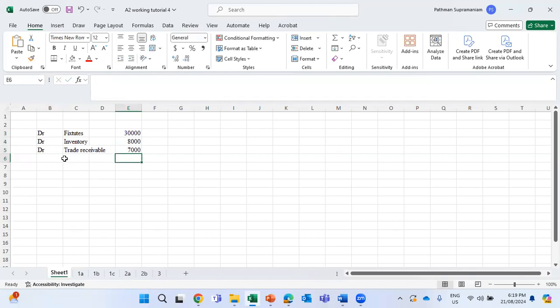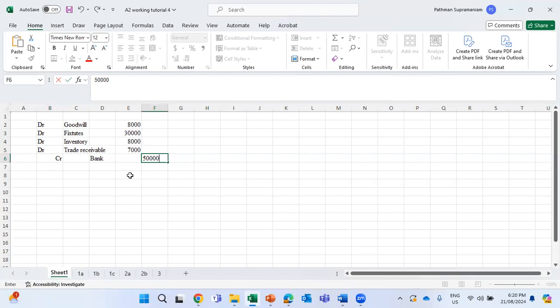At the same time, the buyer is also bringing in goodwill into the books because the buyer paid 8,000 extra. The buyer paid 50,000.